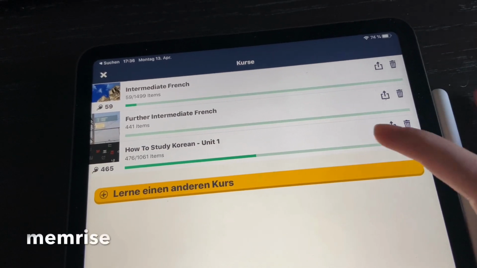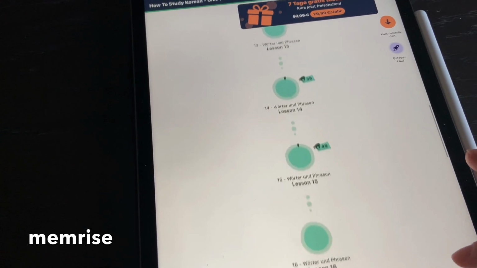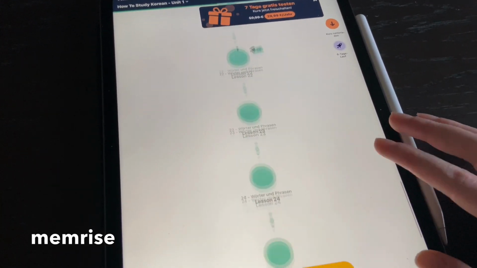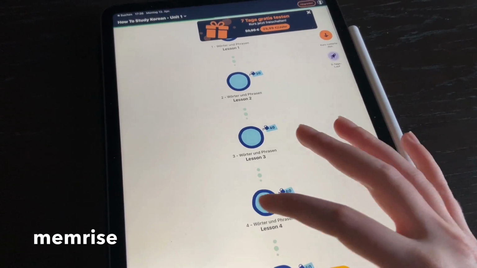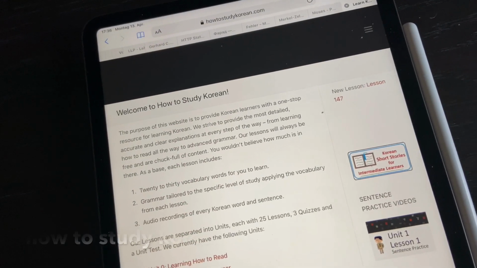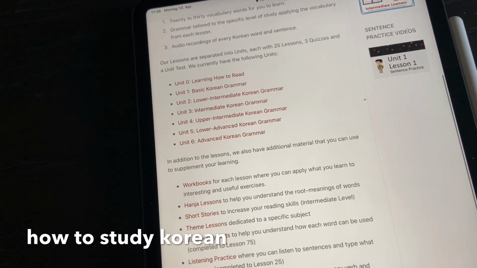You can also use vocabulary lists that are from certain textbooks. There are so many online textbooks and online websites for language learning, and most of those are actually very specialized on one language. For example, How to Study Korean is an amazing website that only teaches Korean, but it's basically one of the best resources out there for it.